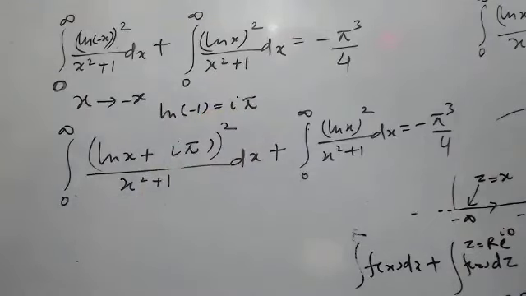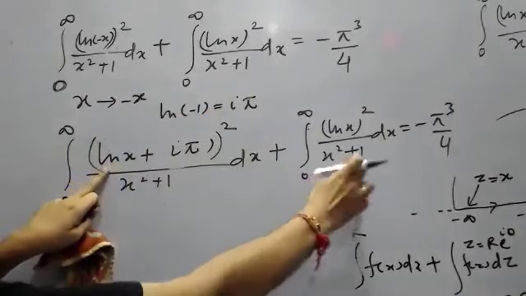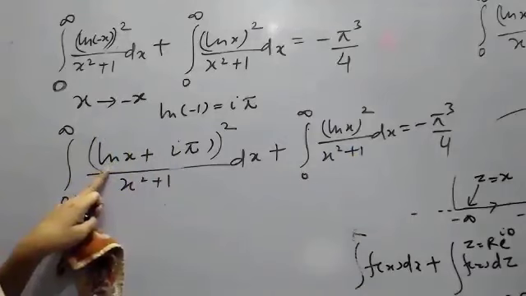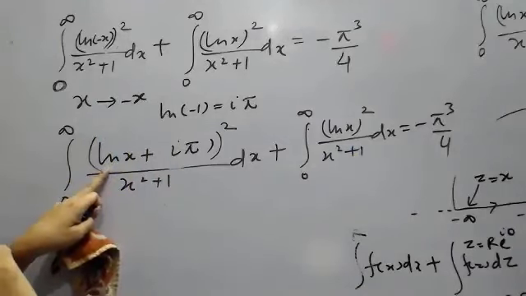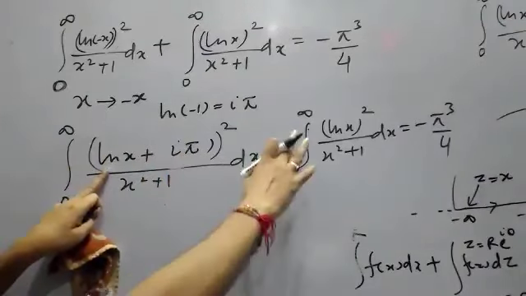Now please see this. सभी लोग ध्यान से इधर देखो. a square will become the same. Can you see that? b square and 2ab.